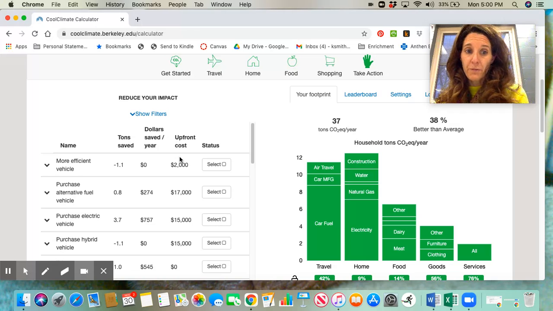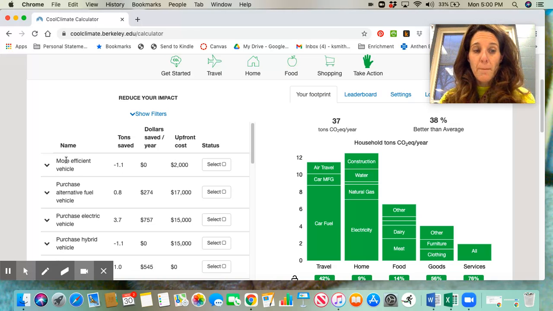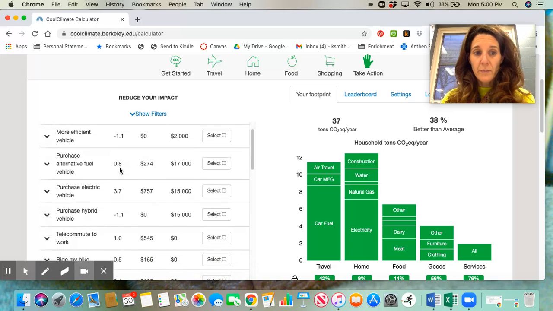So if this family wanted a more efficient vehicle, they really wouldn't save. They have two pretty good cars as is, so they probably wouldn't want to do that. But if they did want to purchase an electric vehicle, they would save 3.7 tons of carbon.